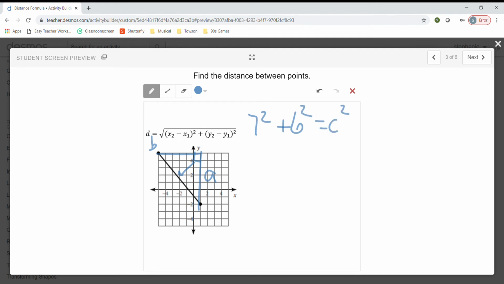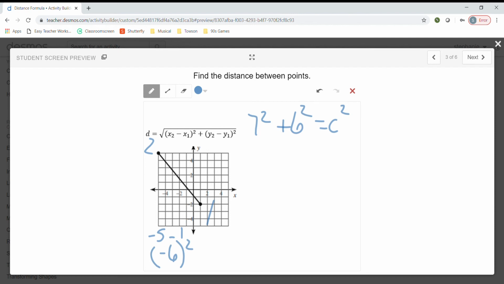Now, what should happen is if I looked at, let's say this is point 1 and this is point 2. Well, x2 is, let's see, negative 5. x1 is 1. Negative 5 minus 1 is negative 6.